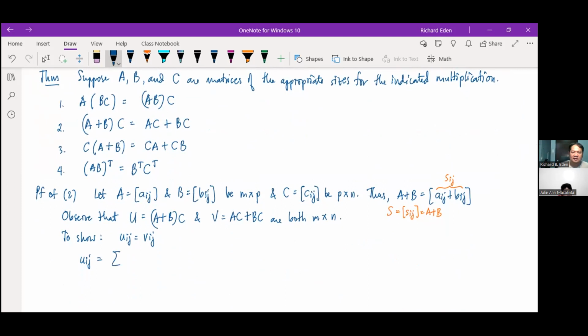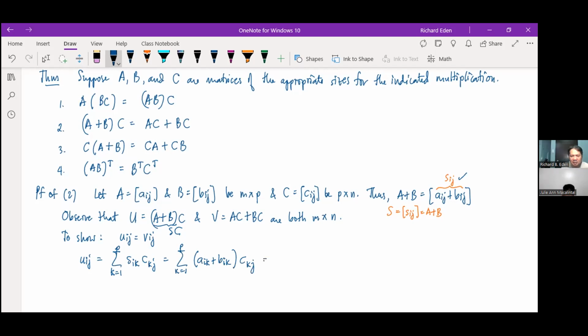Okay, so this would be the sum as K runs from 1 all the way to P. Since U is S times C, S sub ik and then C sub kj. But S sub ik is A sub ik plus B sub ik multiplied to C sub kj.